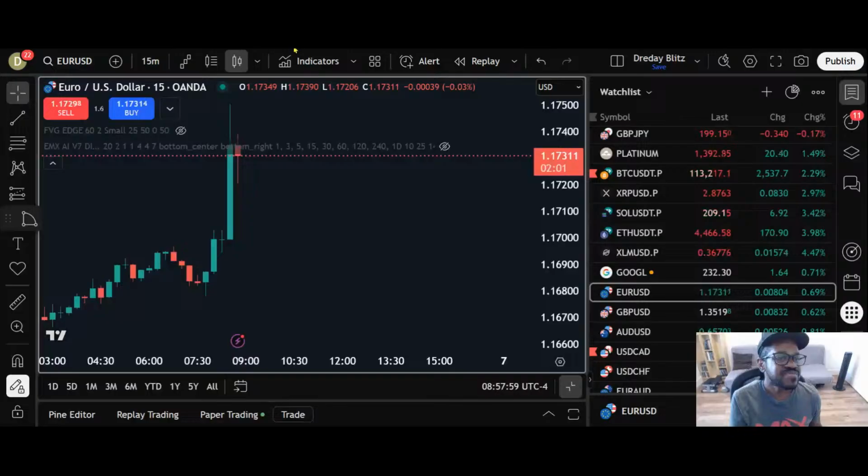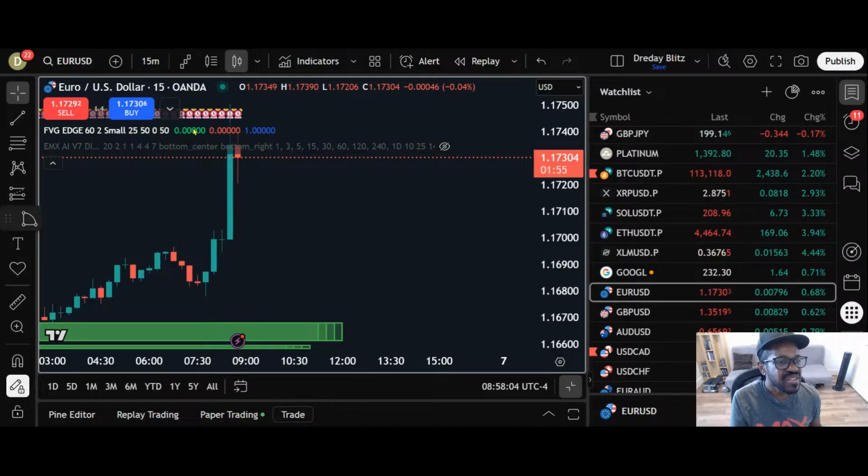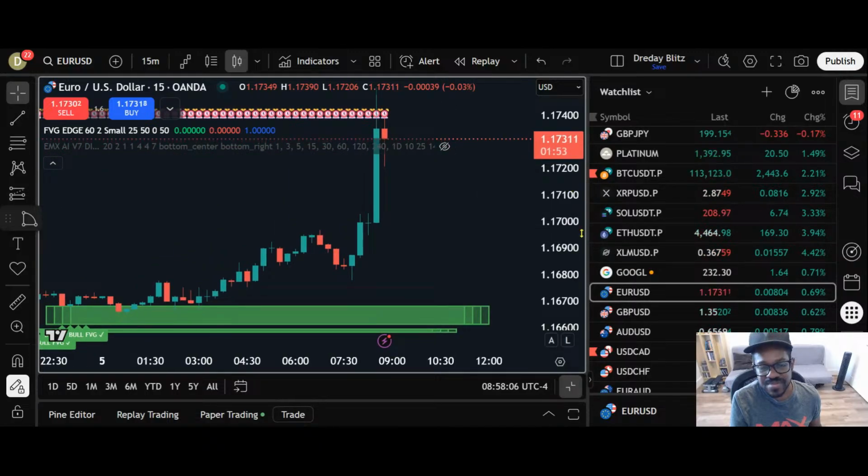So if we go on TradingView, I'm just going to open Euro USD. Boom. Let's load TradingView. All right, and we open at the fair value gap.